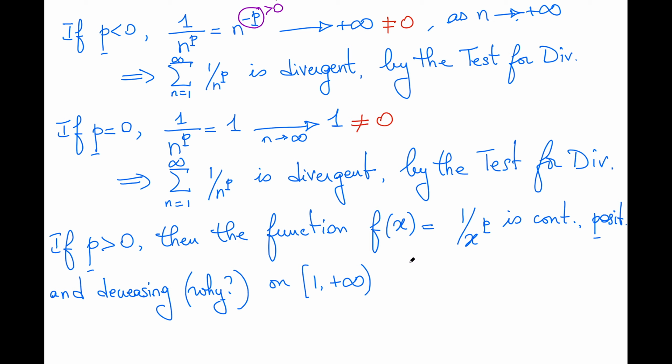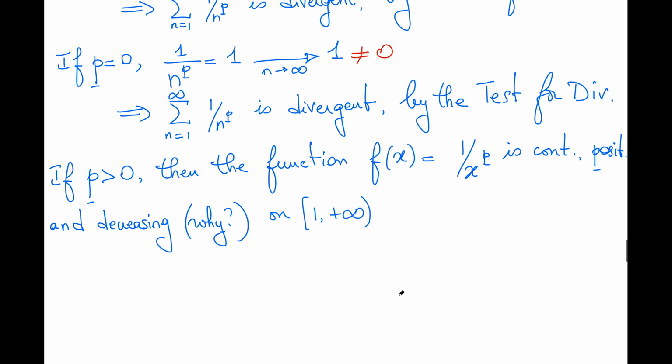As such, if the integral from 1 to infinity of f of x dx converges, and f of x here is 1 over x^p, whenever this one is convergent, then the desired series is going to converge.